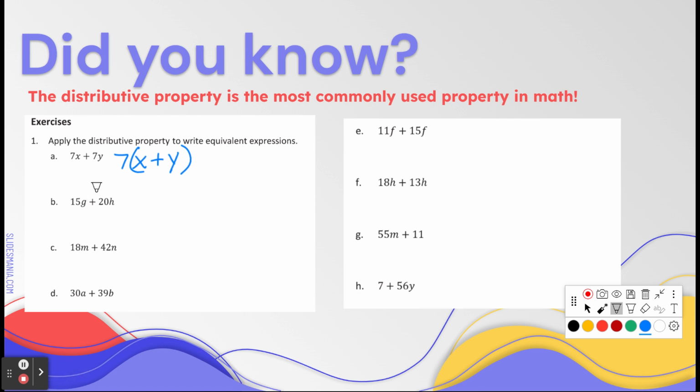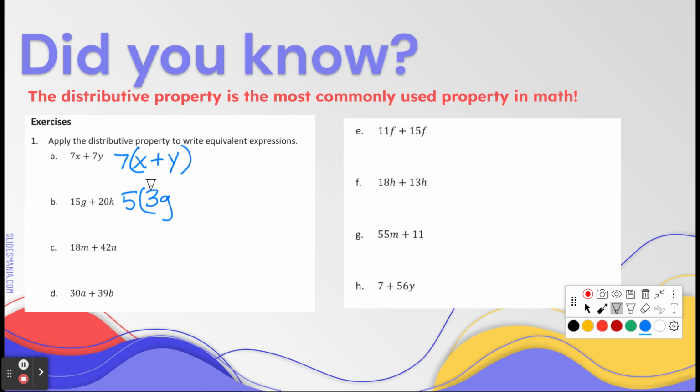We have 15g and 20h. So the greatest common factor, start with the lower one, 15. We have 1 and 15, and we have 3 and 5. Which one of those is also a factor of 20? 5. So we will put 5 as the factor outside the parentheses. 5 times what gives us 15g? 5 times 3g.